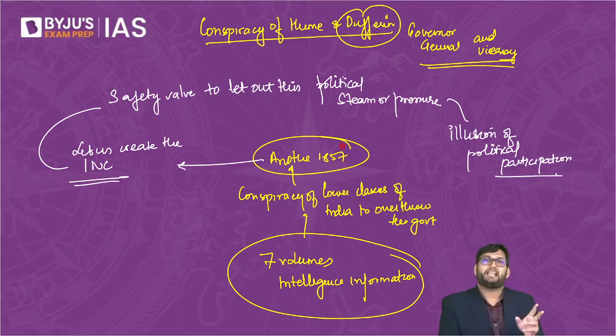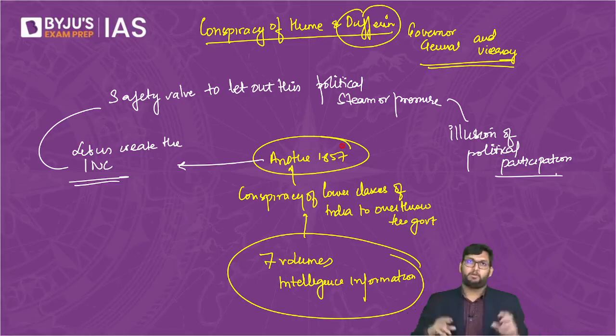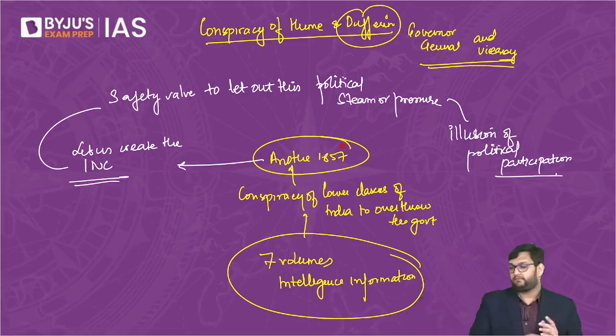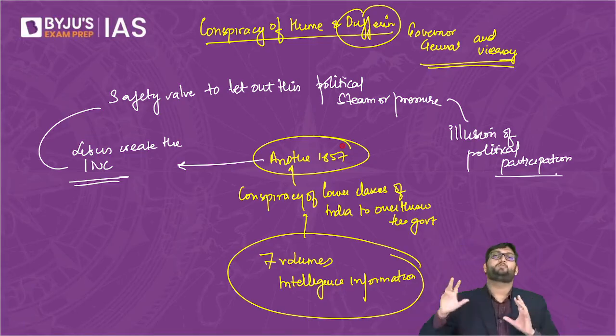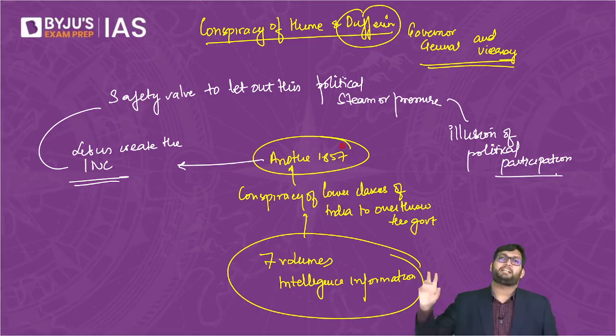R.C. Dutt and Lala Lajpat Rai both said that you are a mouthpiece of the British. So the concept of safety valve was actually not given by Wedderburn. Wedderburn used this as a conspiracy of Hume and Dufferin. But we call it safety valve theory because Lala Lajpat Rai used it to actually criticize the INC.